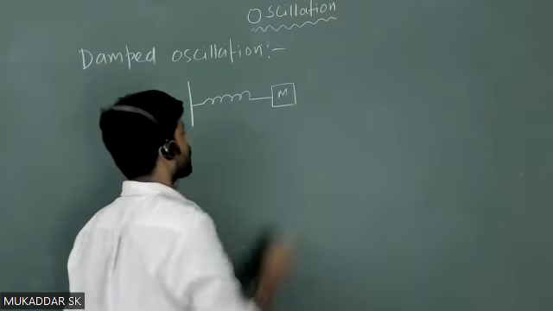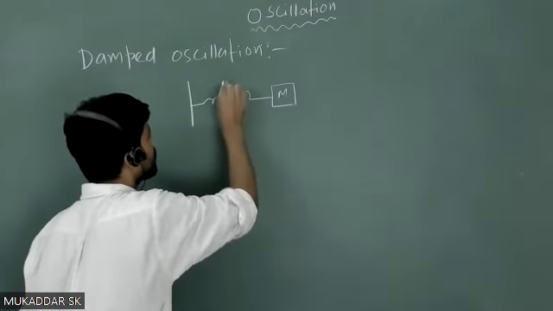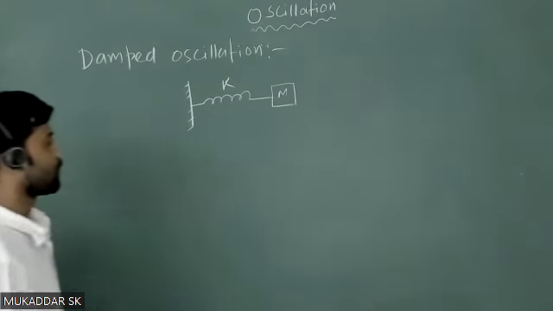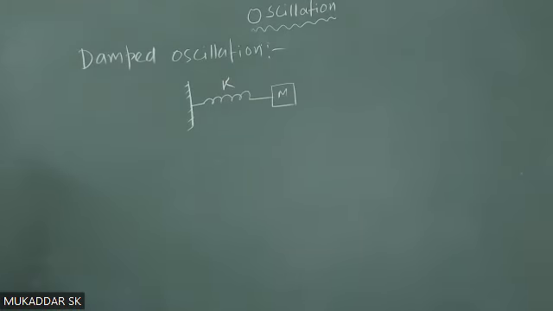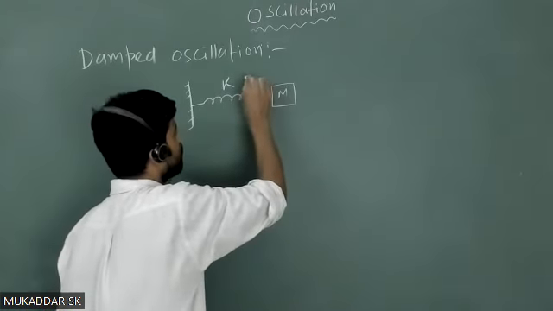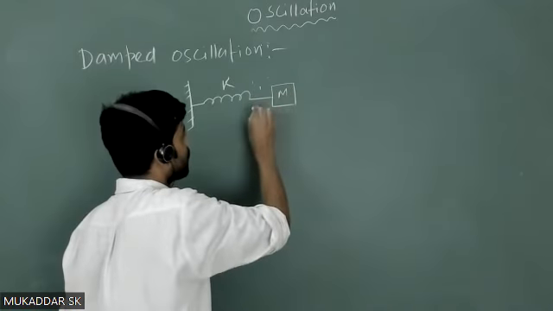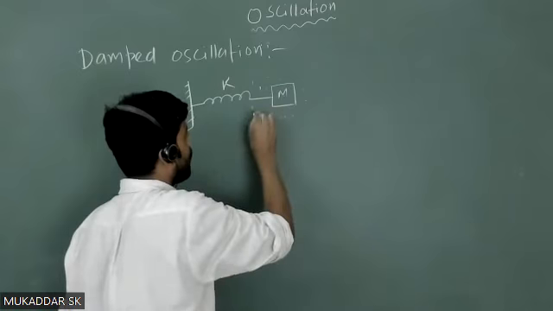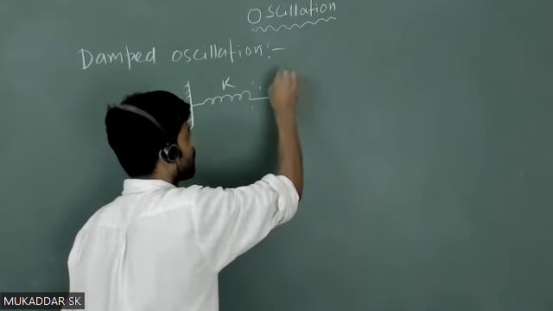Mass is M. Spring constant is K. Now if you keep this system inside some medium, let us assume your system is in a medium having many atoms.